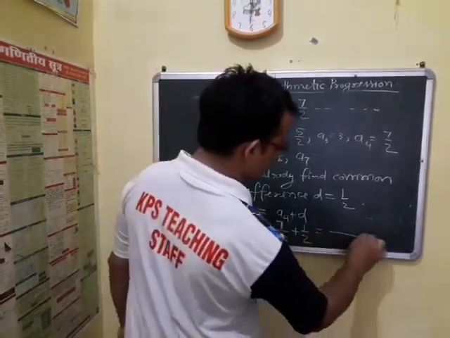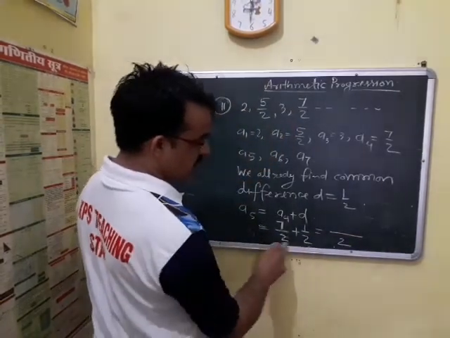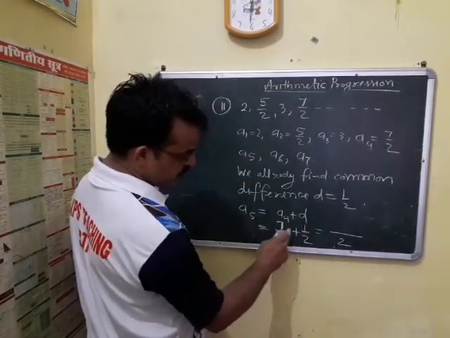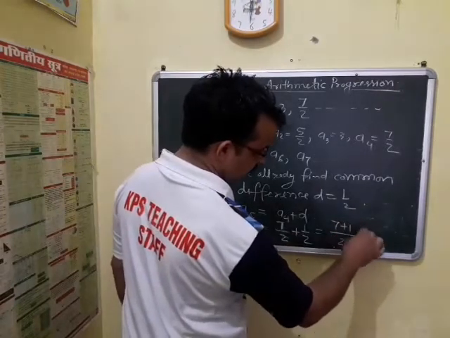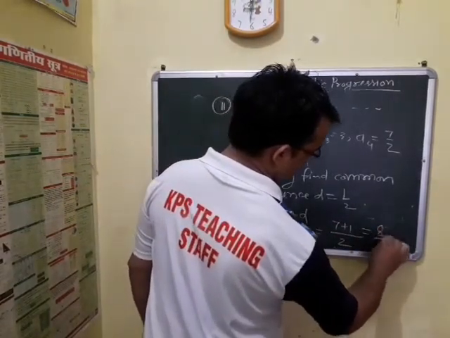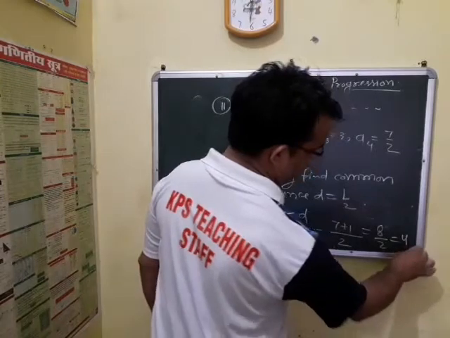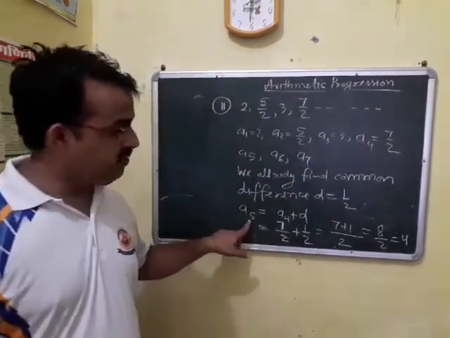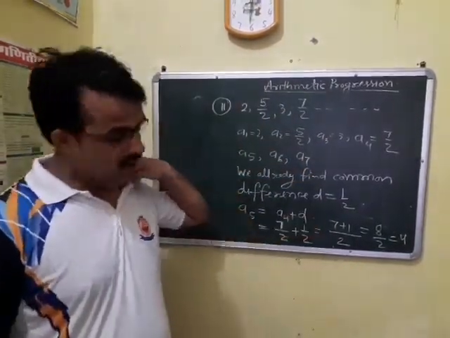The denominators are the same, so we add: 8 by 2. We get 4. We find A5 is 4. Clear?